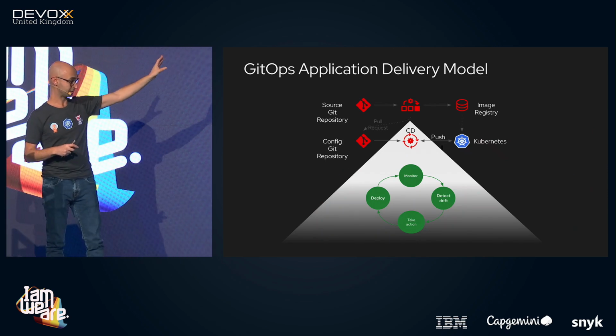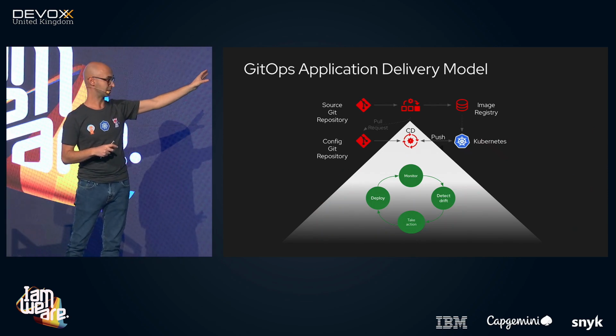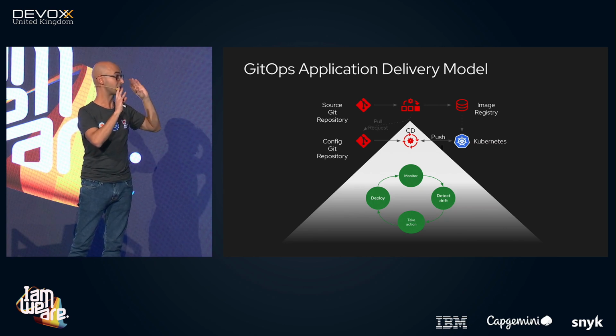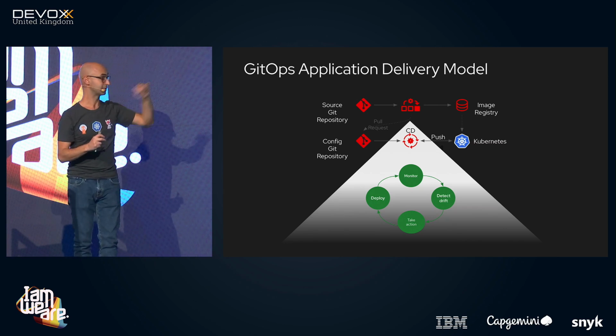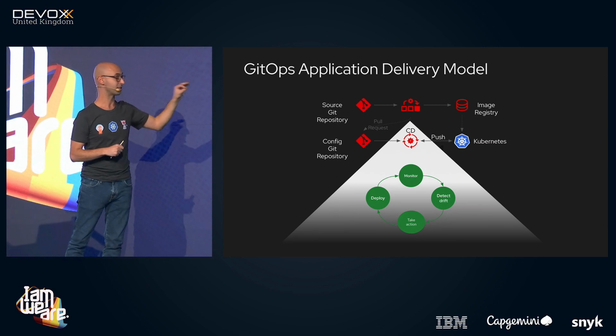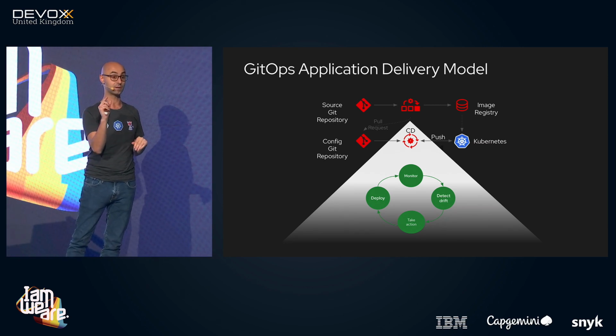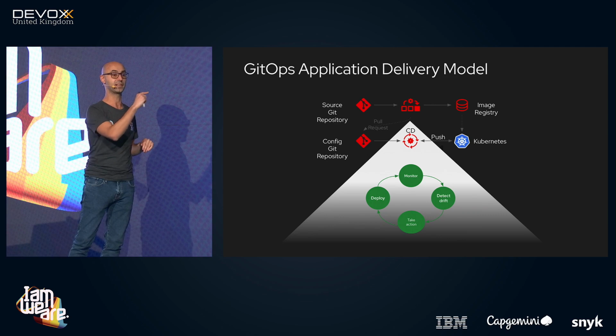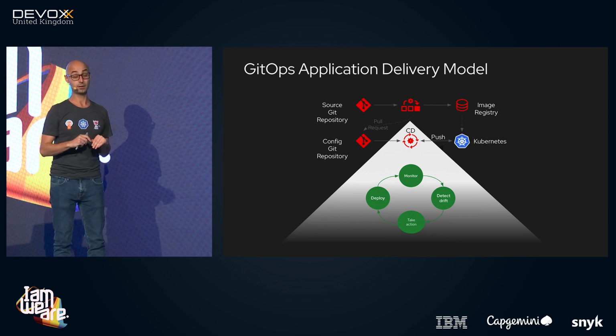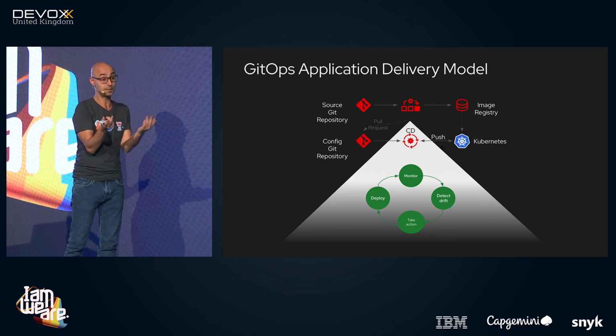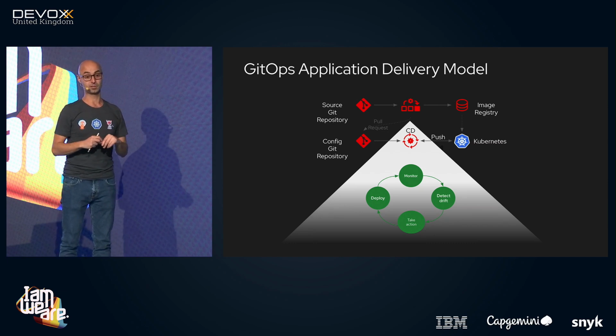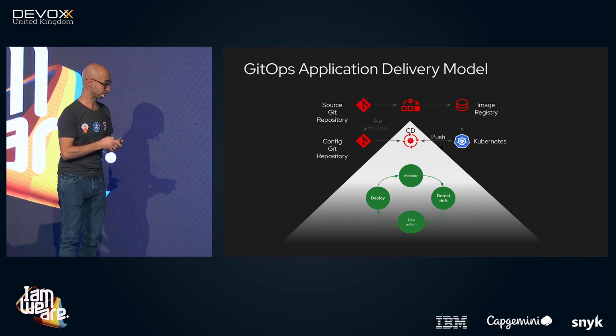Basically, ArgoCD is just monitoring your Git repository, and when it detects a drift, that something has changed, it takes an action. And this action could be deploying the application to your cluster.